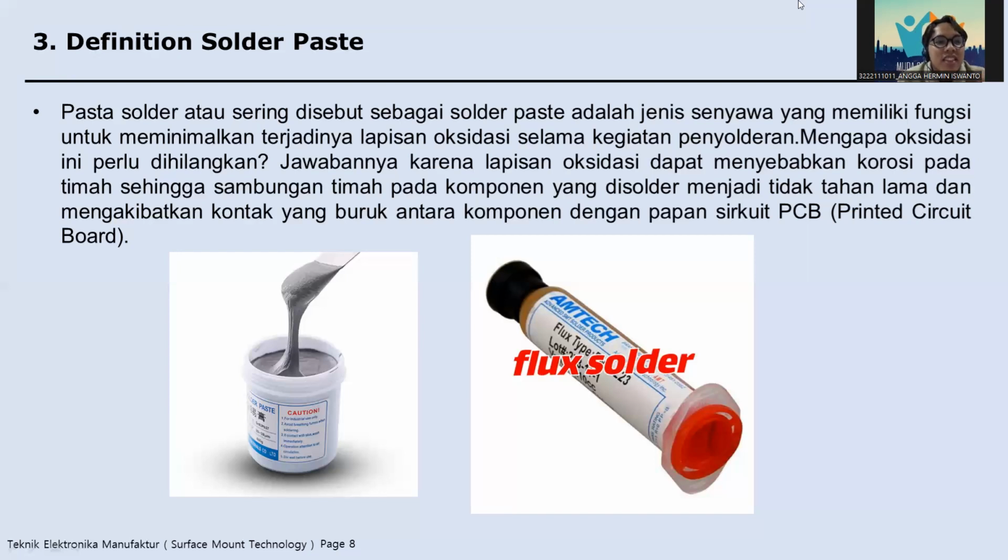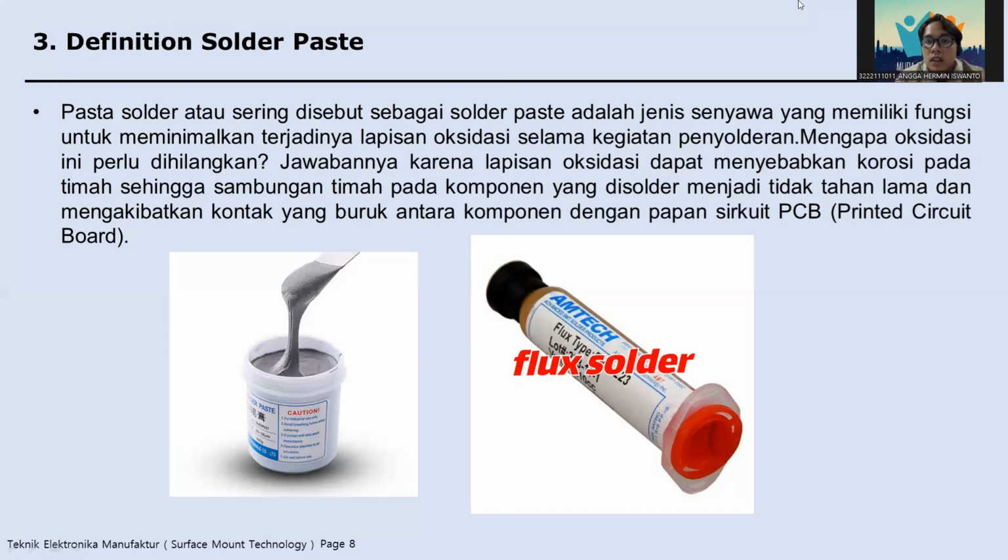Okay. Definition of solder paste. So what is solder paste? Solder paste is a kind of compound that we use to minimize the layer of oxidation during the soldering process. Why do we need to remove the oxidation?